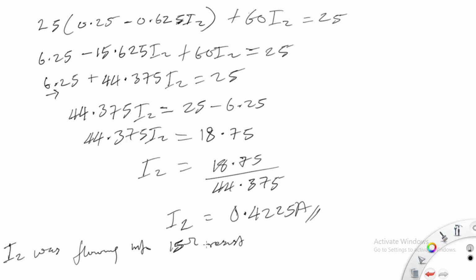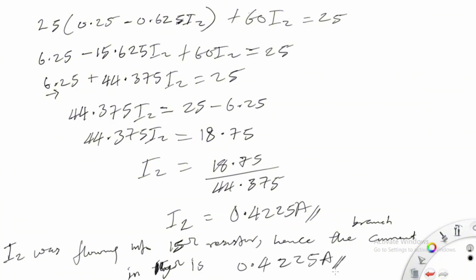Hence, the branch current in 15 ohms is 0.4225 amps. So that's that for that example.